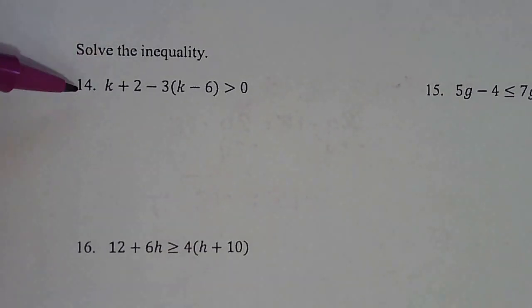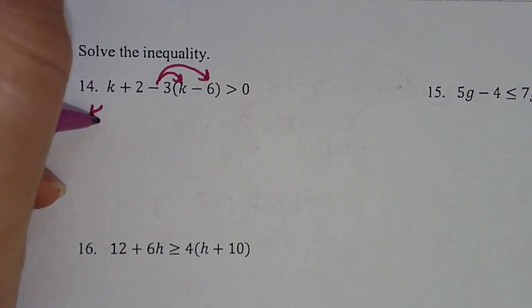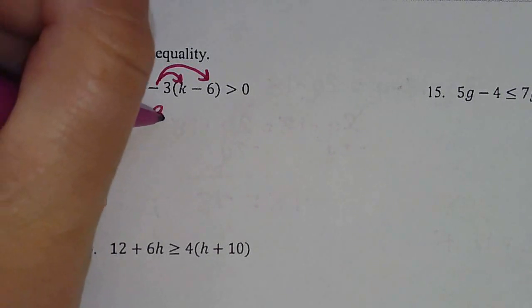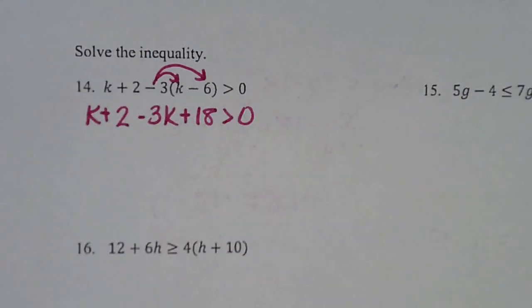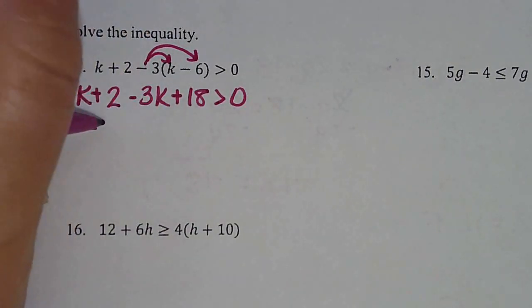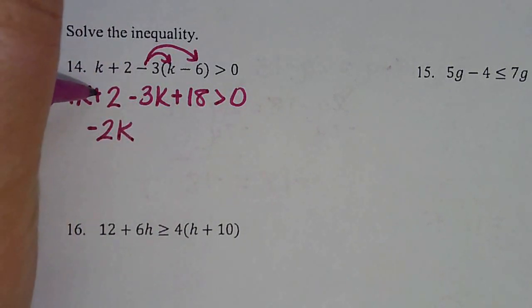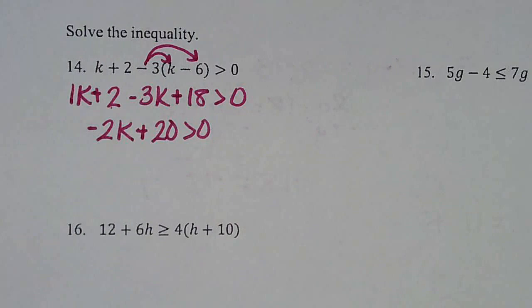So 14, I am going to distribute, and I get k plus 2 minus 3k plus 18 is greater than 0. Combine like terms. 1 minus 3 is negative 2k. Positive 2 plus 18 is a positive 20, greater than 0.